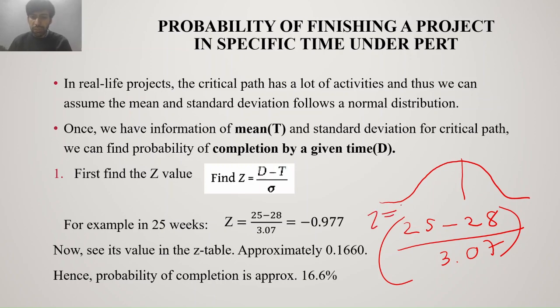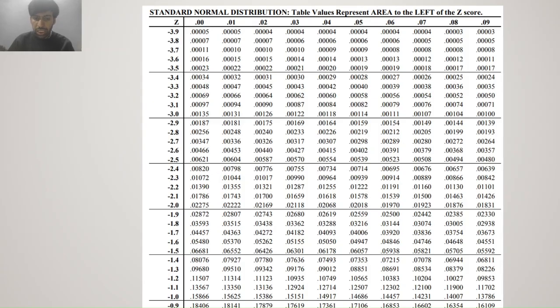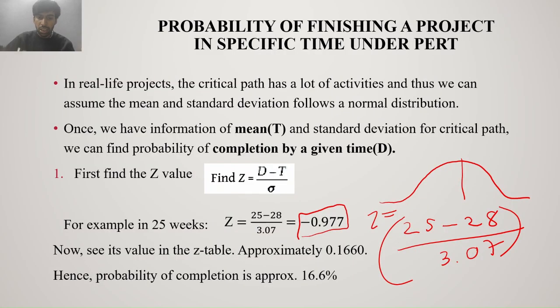Now using the Z value, as can be seen here, this was minus 0.977. As you can see here, this is the Z table. We can look in it, the minus 0.9 as you can see is at the end, and the value is 0.1660 approximately, which is 16%.